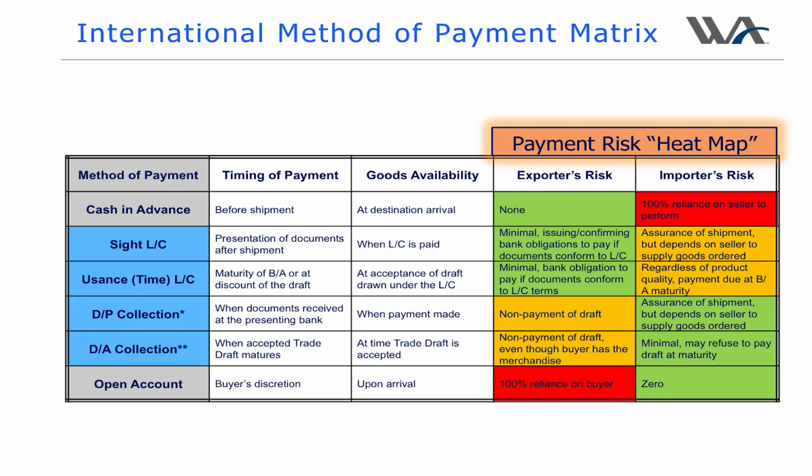Under 30, 60, 90-day terms. Then you get down to the last thing that's on this chart, the open account from the standpoint of the seller. That's the highest risk transaction you can have, but eventually that is the way you will find yourself selling to most foreign buyers in the developed countries.